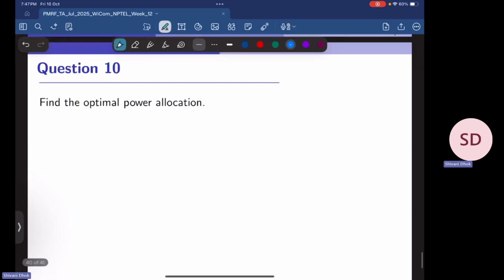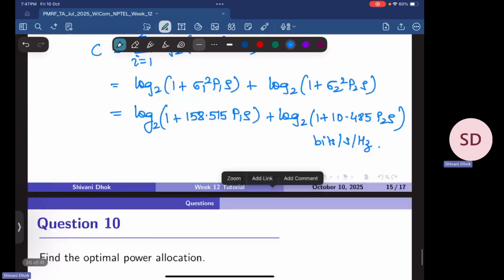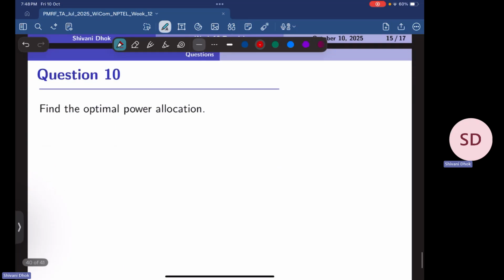So the next question says to find the optimal power allocation. What I'll do is start with this particular equation, not after substitution, just for simplicity. And for this I will normalize rho to be equal to 1 just for the sake of doing it.